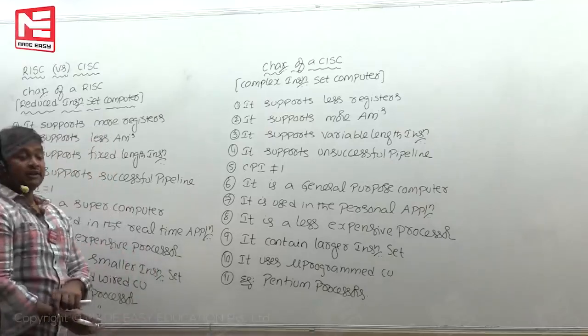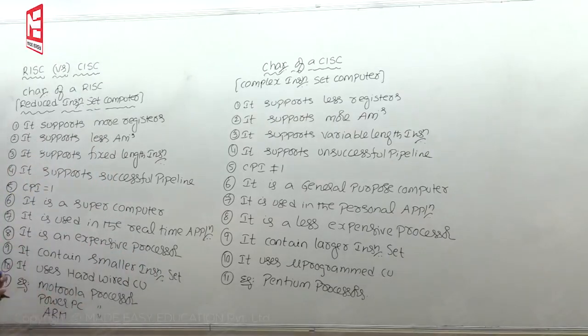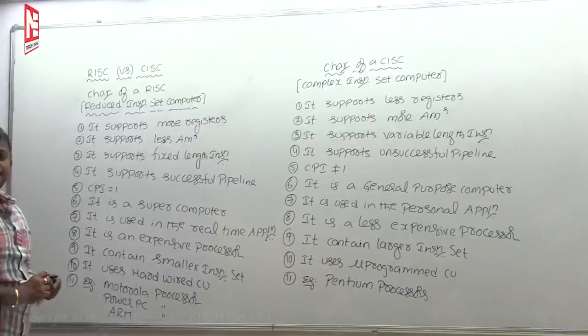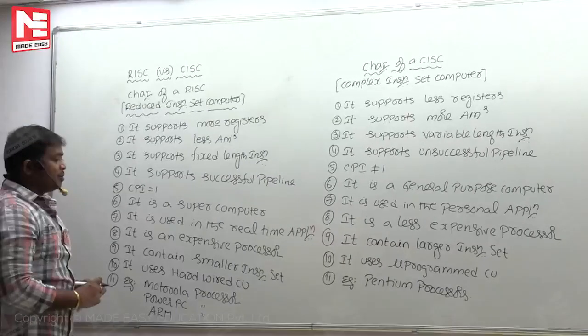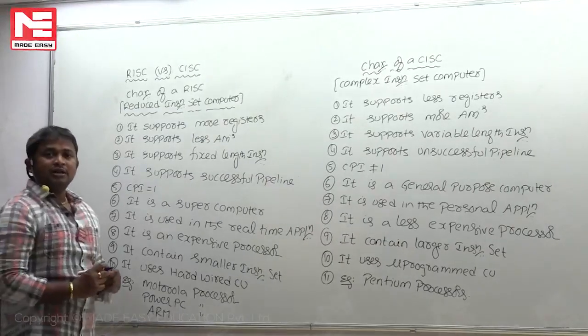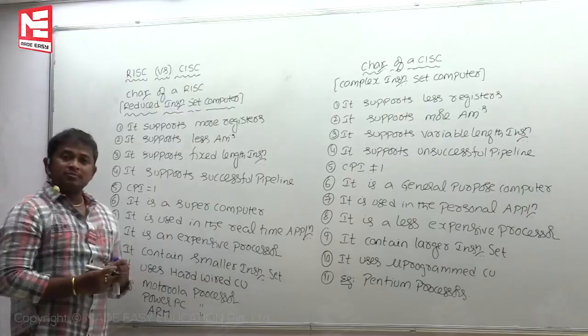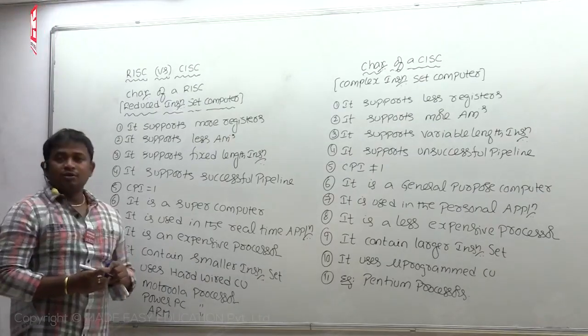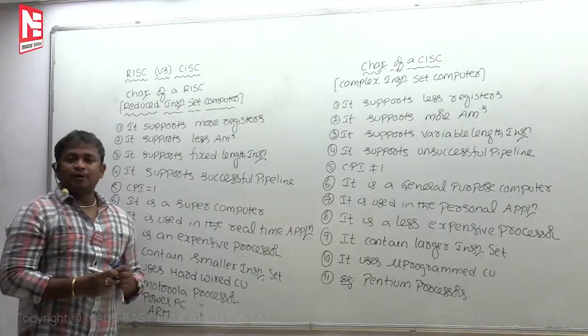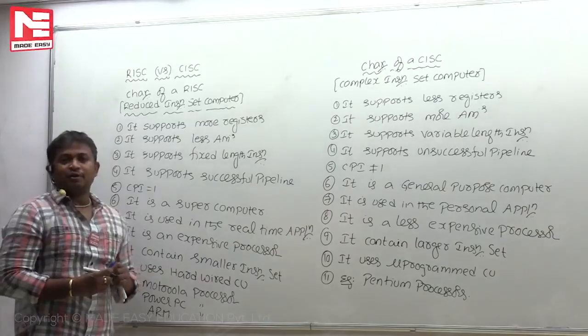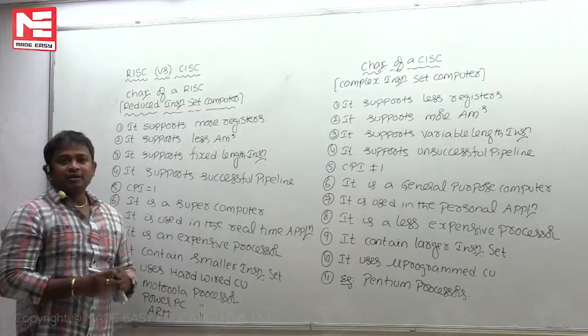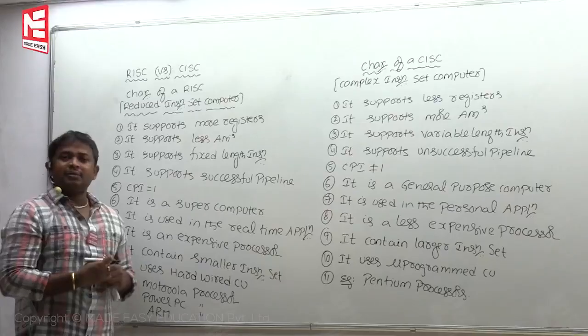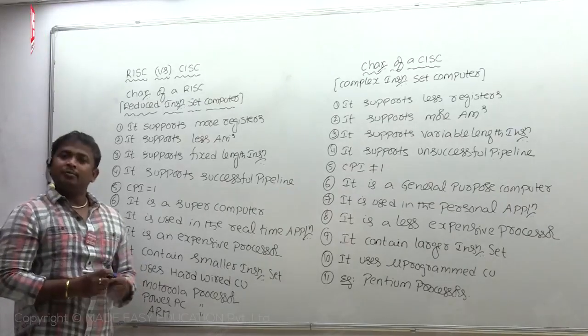Okay, so these are the characteristics of a RISC computer and CISC computer. Very important characteristics. Please remember them as they are, because these are the implemented systems' characteristics. So we cannot add any extra point, we cannot delete any existing point. If we do that, the real system characteristics will be missing and the system design will be misleading.